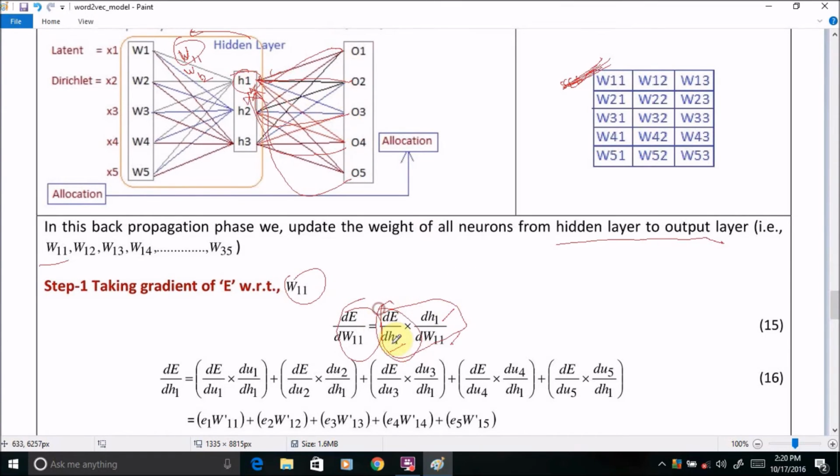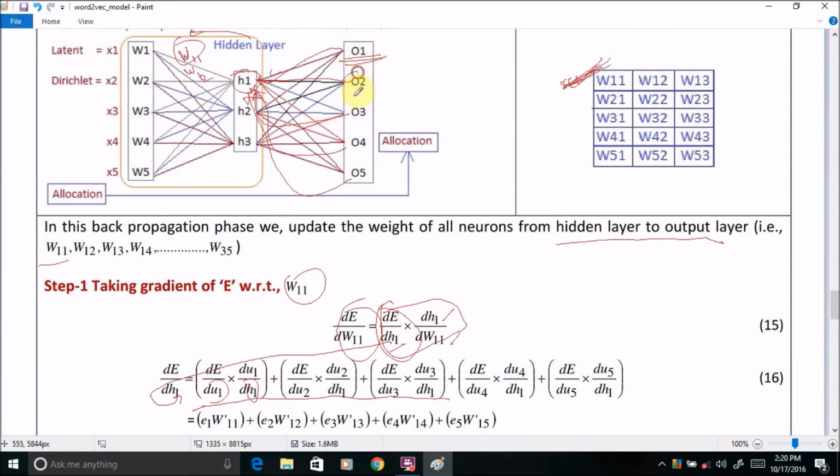So this part can be extended into this form, means the error which propagates through node O1 will be equivalent to the derivation of E with respect to U1 into the derivation of U1 with respect to H1.